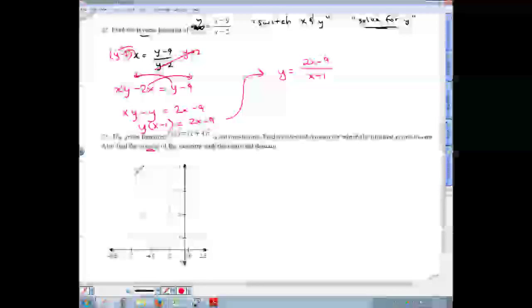So the significance here is this is a function, but since it's not one-to-one, its inverse would not be a function. So what you're asked to do is find a restricted domain that makes the function one-to-one. So the problem here is it doesn't pass the horizontal line test.